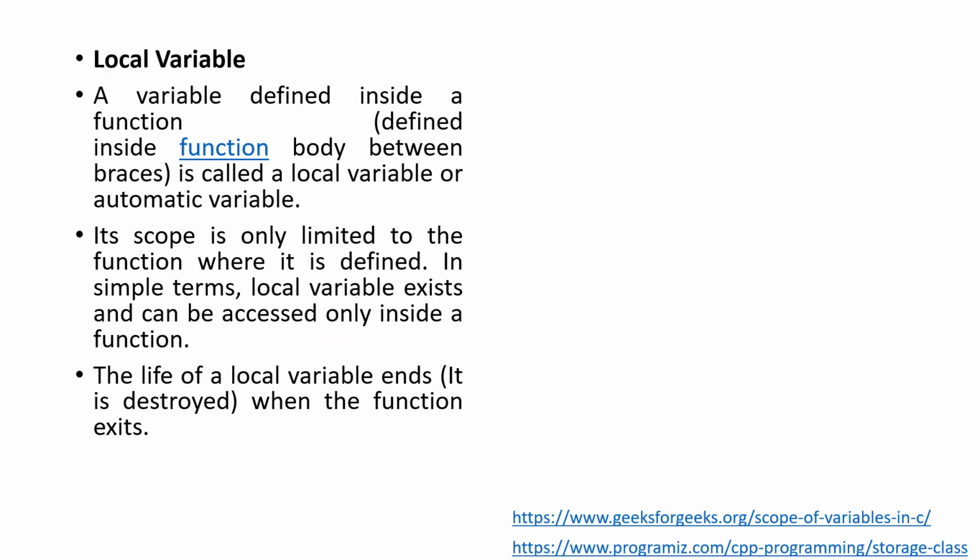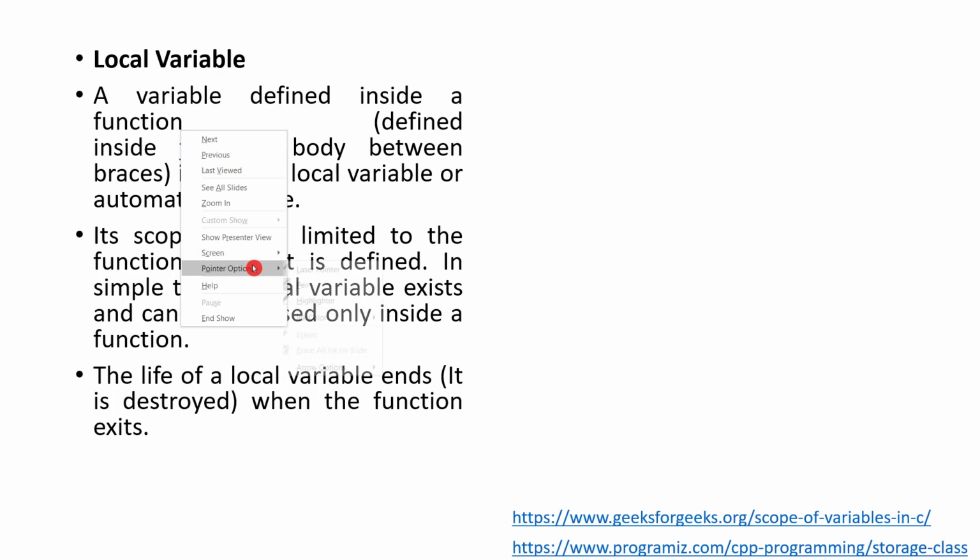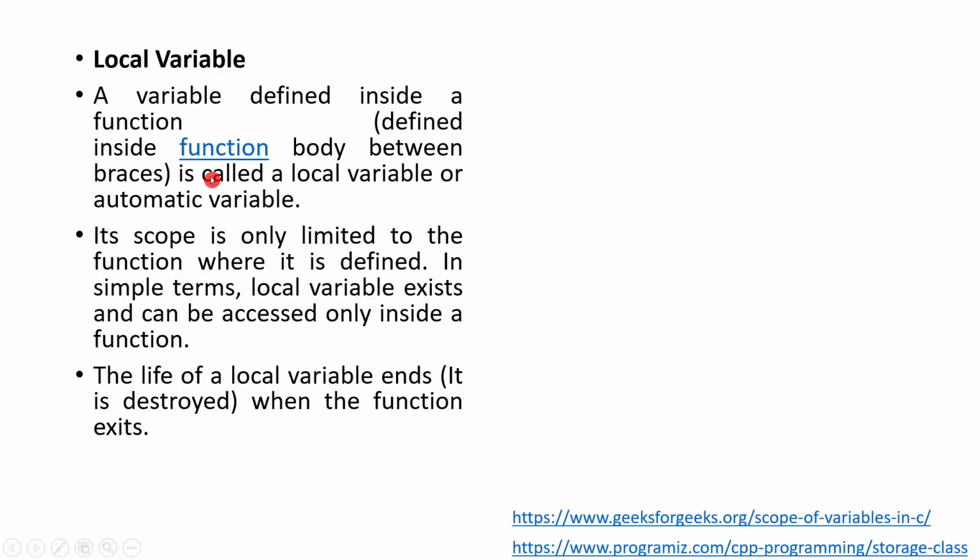Next is the local variable. It is a variable which is used only in a small function, not for the entire program. A variable defined inside a function body, between braces, is called a local variable or automatic variable.